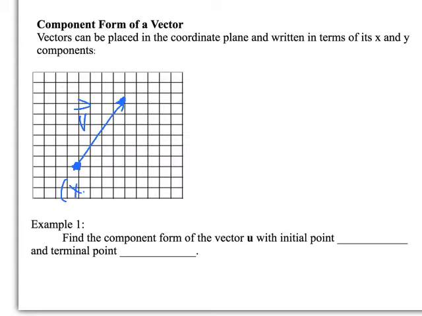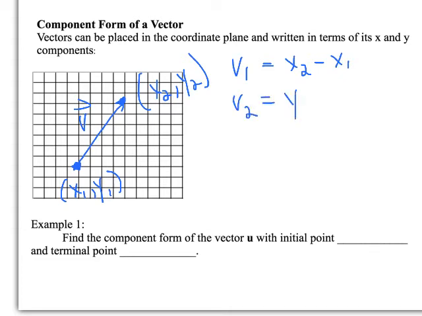This would be (x1, y1) and (x2, y2). So if I want to find the x and y components, I can rewrite a vector in terms of its components. The x component we'll call v1. v1 is the x component, and that is the difference between the x values. v2 is going to be the y component, and that's the difference between the y values.